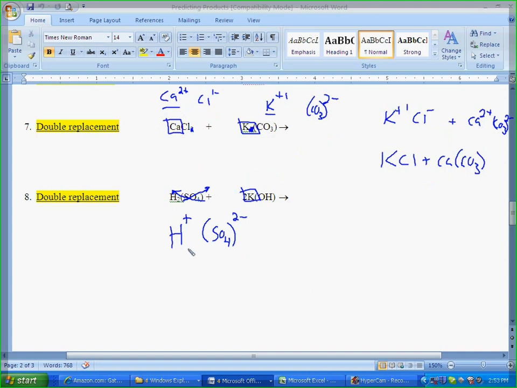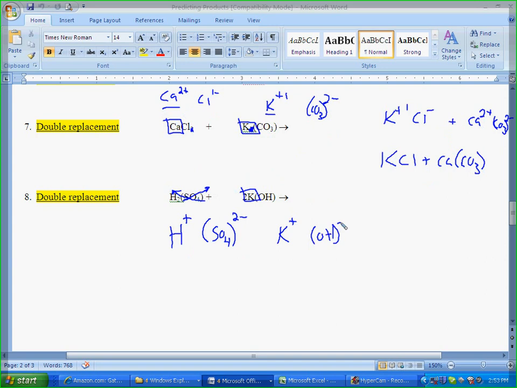Alright, so we have H plus and SO4 2 minus, and now over here, our K is going to have a +1 charge, and our OH is going to have a -1 charge. Now we do our little flippy floppy, we take this cation and we replace it with this one.